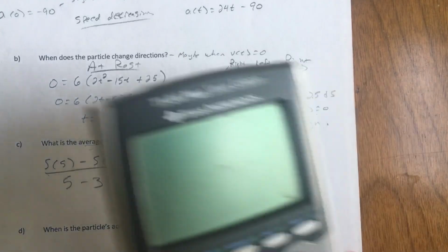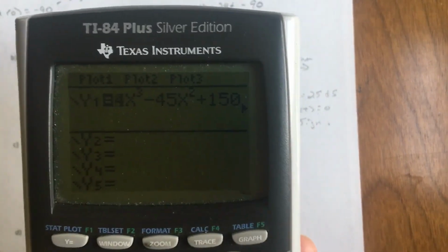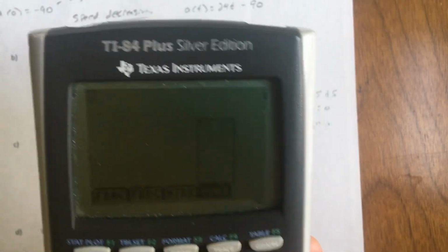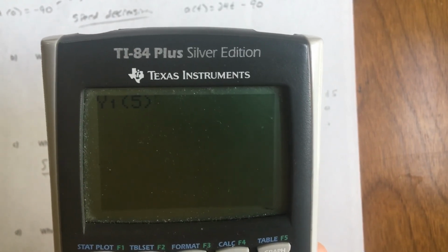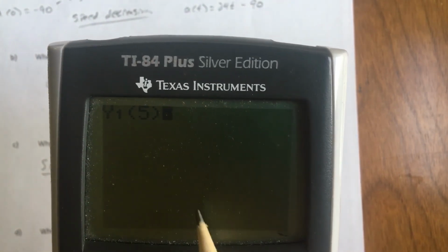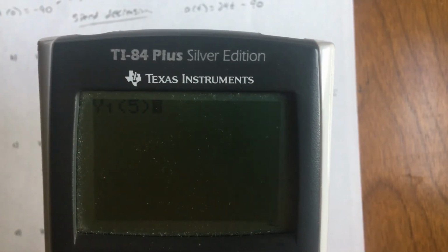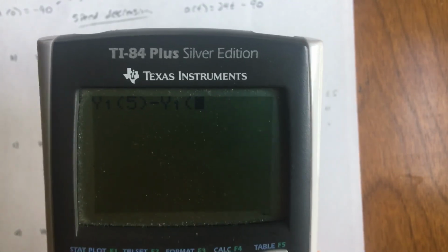I put this on the calculator. I went to y equals and put the position function in there. The easiest way to do this is to go to alpha trace, pick y1, parenthesis 5. This has the calculator put 5 into that position function for us. Then I go minus alpha trace y1, parenthesis 3.